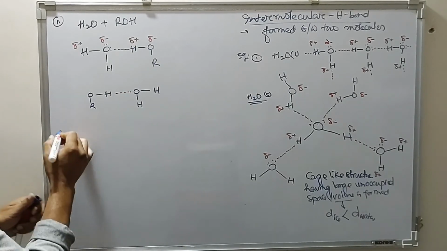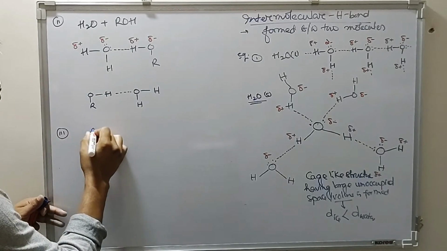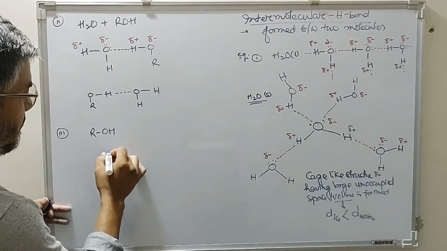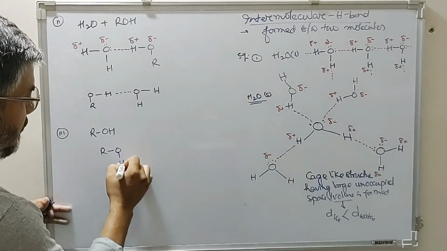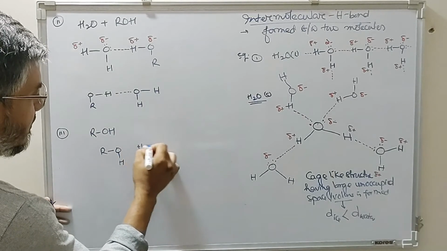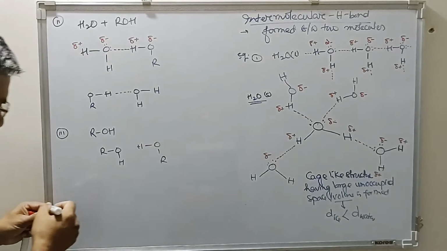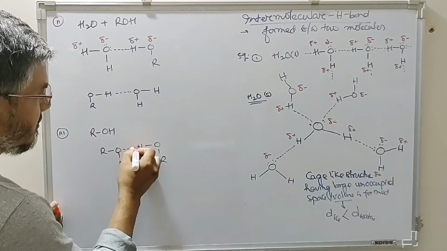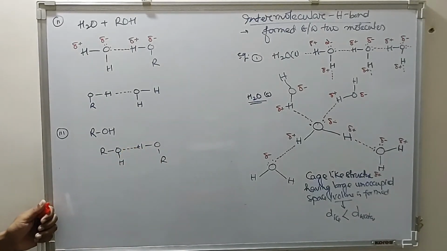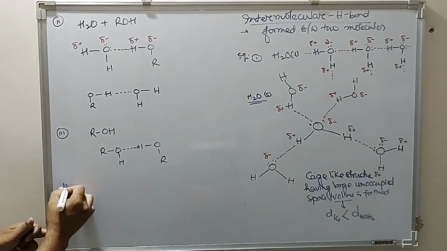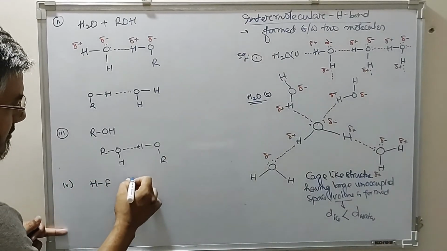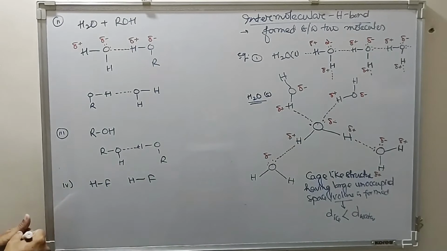Similarly, we can have hydrogen bond between alcohol and alcohol. So ROH, HOR, within two alcohol molecules. Again we have this intermolecular hydrogen bond. We have HF and HF, hydrogen fluoride and hydrogen fluoride.